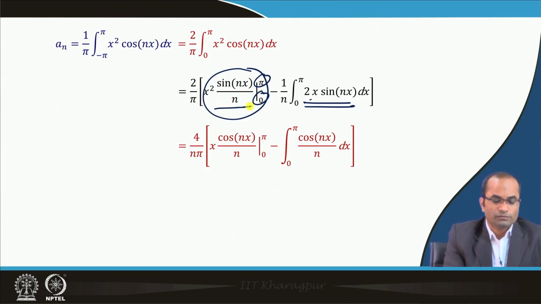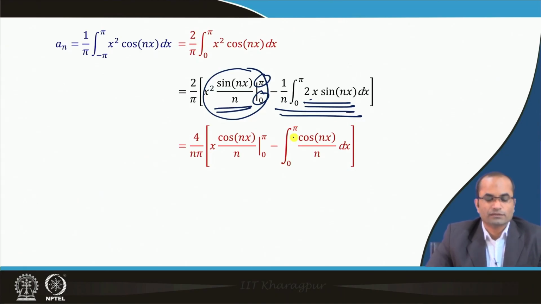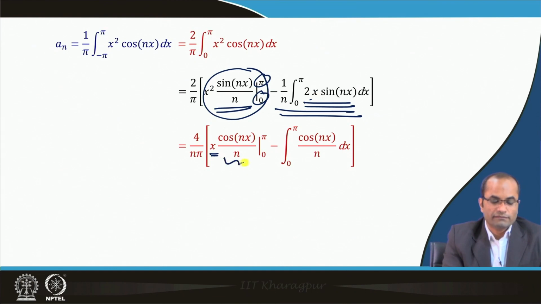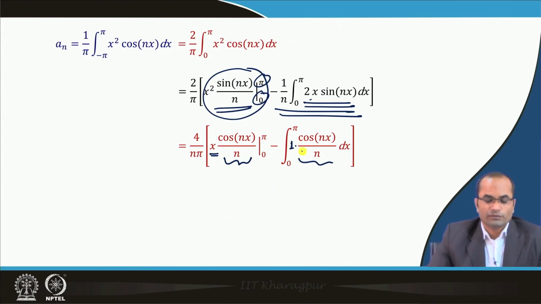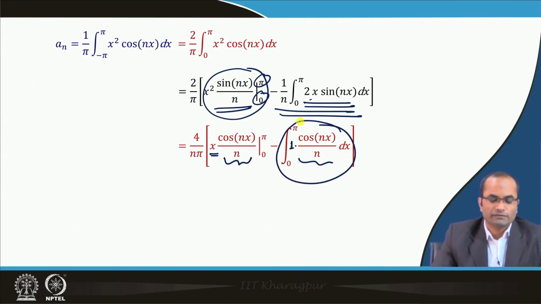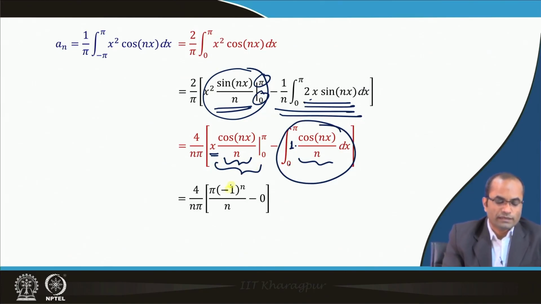So, this is going to be 0 in either case, and then we have the second integral which has to be integrated again. So, here the x and then the sin will be cos, x will become 1, and then further we can integrate this sin, which will become anyway 0 at 0 and pi. So, only because of this term we will get the value.